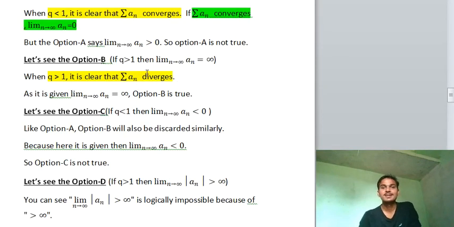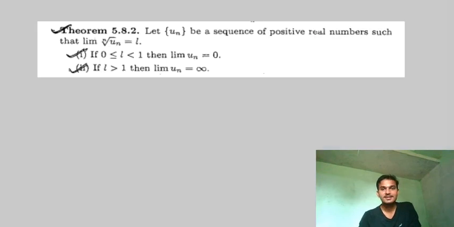So here, this is q, the limit of n to the power 1 by n is greater than 1. When the limit of un to the power 1 by n is greater than 1, then the limit of un is equal to infinity.